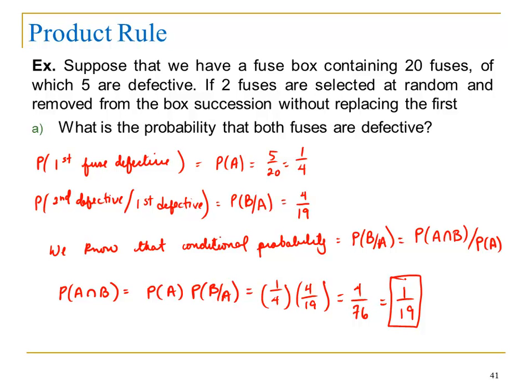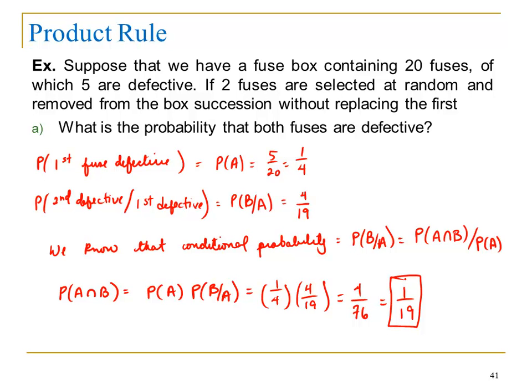So let me see if you're following. The question is what is the probability that both of them are defective? The first one, easy, right? You know that's 5 defective over 20, that's 1/4. No question asked. Now the probability that the second one is defective is going to depend on the first one being defective.